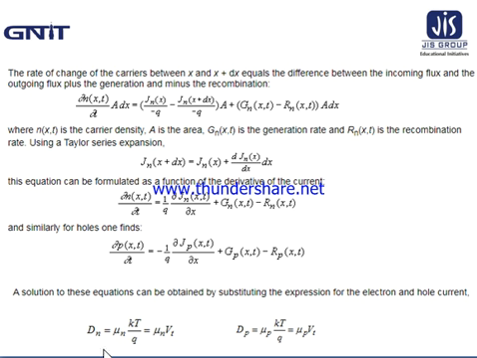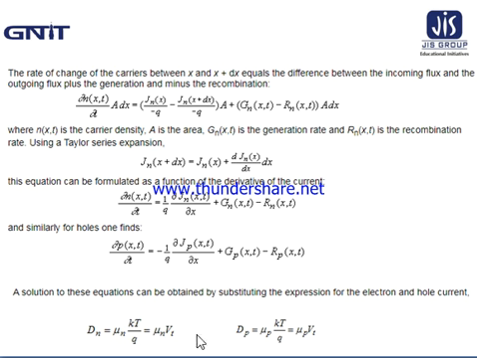And now we know these two equations, for the drift coefficient and diffusion coefficient for electron, and the diffusion coefficient for hole, that is Dn and Dp equal to mu kT by q, where mu n is the mobility for electron and mu p the mobility for hole.